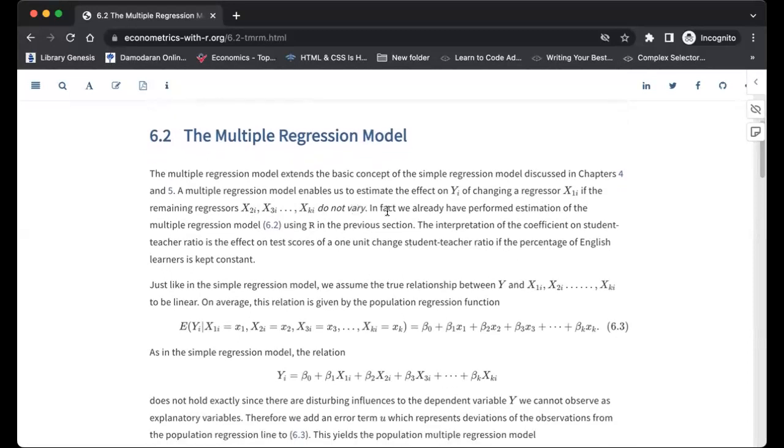So in a sense, we have already done this when we estimated equation 6.2 in R. The interpretation is how the dependent variable will change due to a unit change in the regressor we are interested in, holding all the other regressors constant.